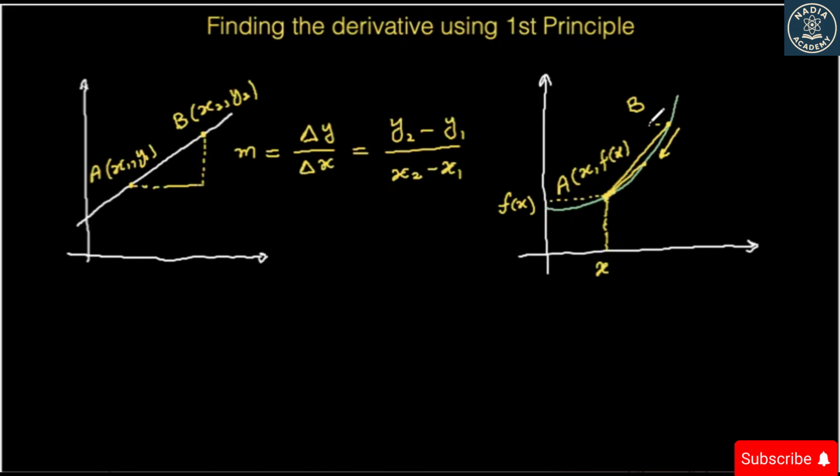At point B, if we consider that the increment in x is just h, then the x coordinate will be x plus h, and the coordinates of point B will be x plus h and f of x plus h.